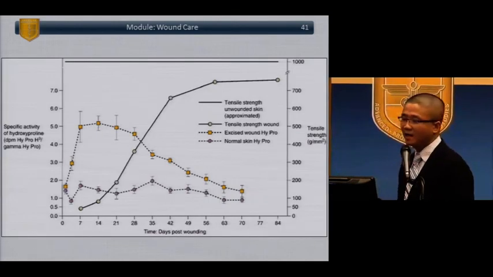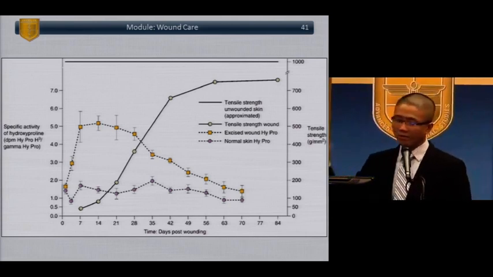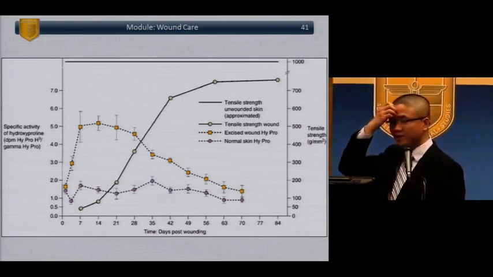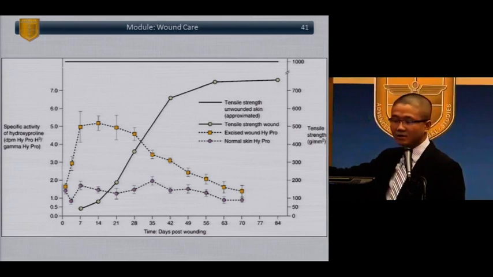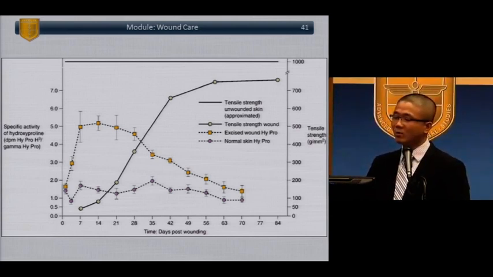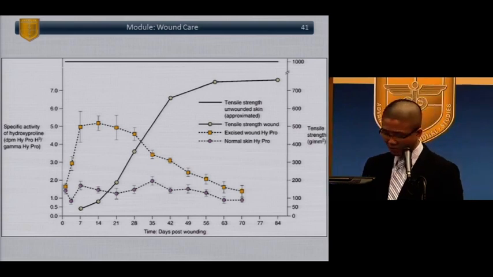This slide, I should have put a little bit earlier regarding the vitamin C dependent hydroxylation. First of all, you see the tensile strength. Once again, that asymptotic graph doesn't quite ever reach baseline, right? Okay, but you'll see that the importance of hydroxylation of the collagen in this entire process leads to your proliferation and your tensile strength.